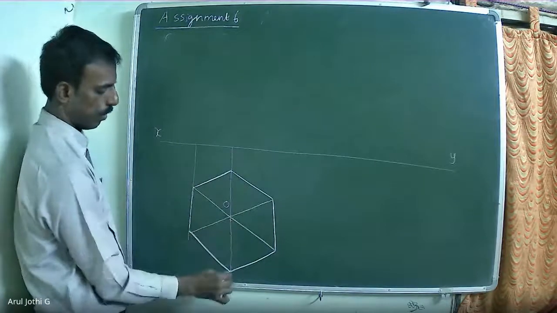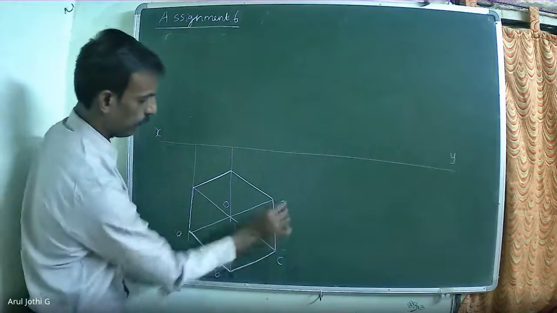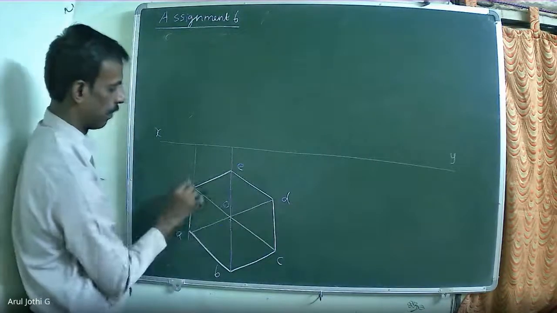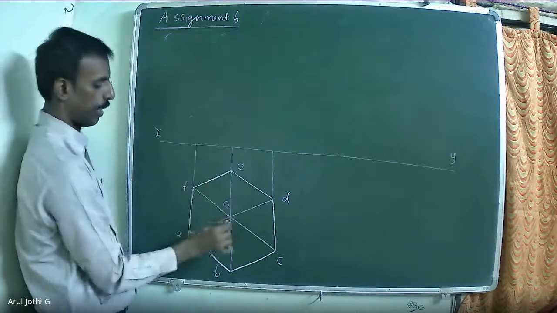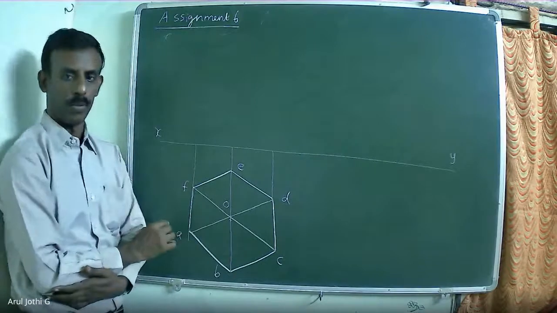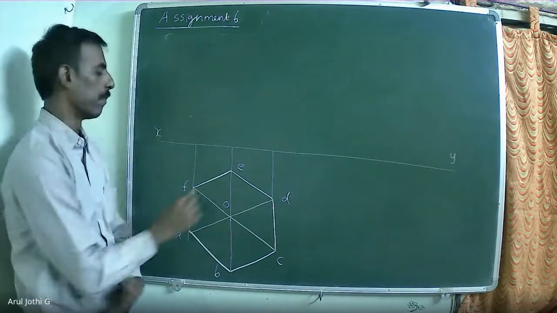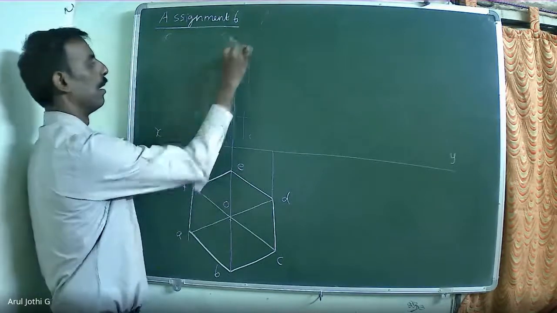Here the axis coincides with the visible lines. So when the axis and the visible line OB are both coinciding, you have to give priority to the visible line, not the axis line. So instead of drawing the axis line, draw the visible line.